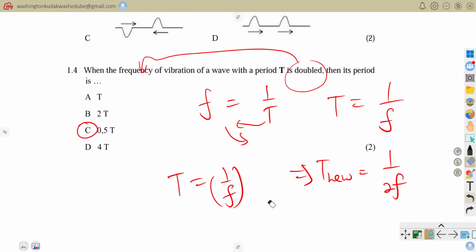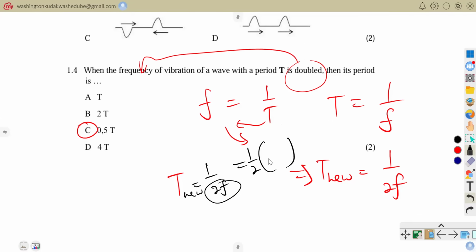Now our new period is equal to 1 over 2f, because the frequency is the one that is doubled. So I would factor out a half, and then I would remain with 1 over f, which is just my period t, and a half is 0.5, so that becomes 0.5t. So our answer was going to be C.